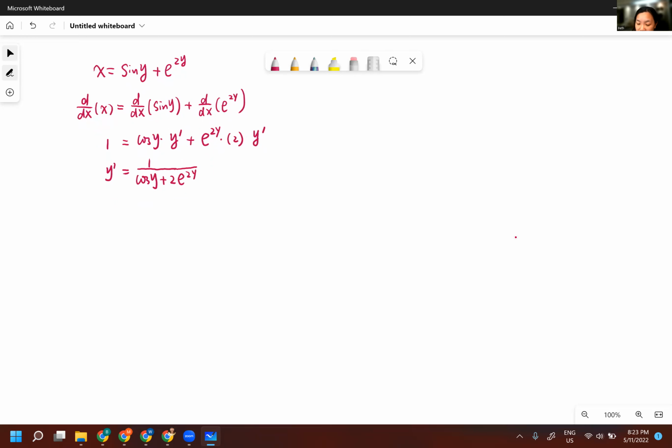2nd time, again, d/dx, again, y prime equals d/dx of 1 over cosine y plus 2e to y. Okay. On the left, it's y prime prime.